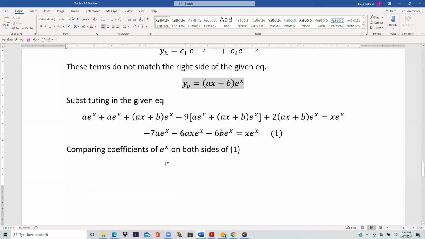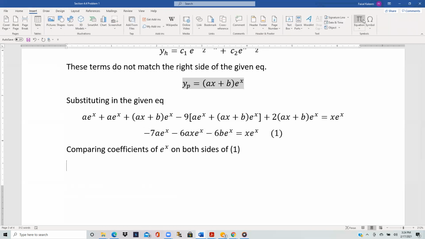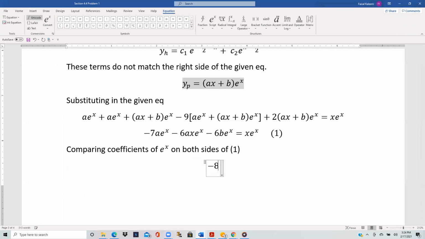So when you compare the coefficients of e to the x, the coefficient here is negative 7a. And here we have minus 6b. And that's equal to 0. We don't have just an e to the x term on the right because this is an xex term, not just an ex term. Okay, and then we will do the xex coefficients.